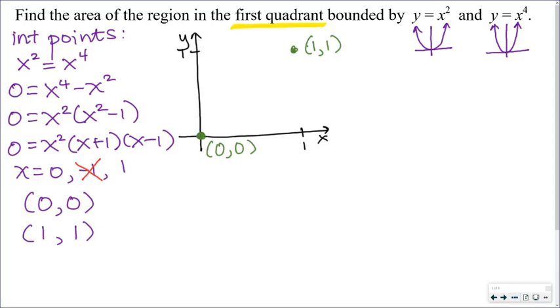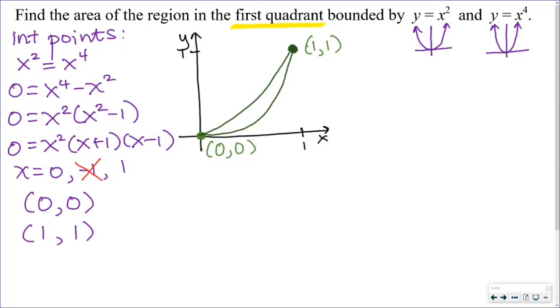Okay, now you need to figure out what goes where. So both of these graphs are concave up. One of them has to be below the other one, and you want to make sure you know what's what.